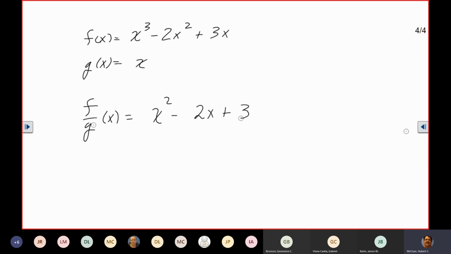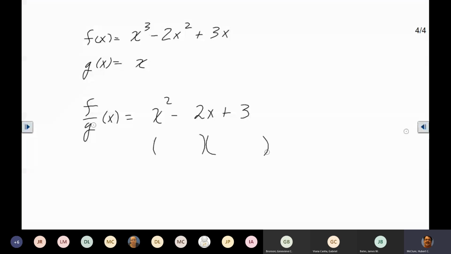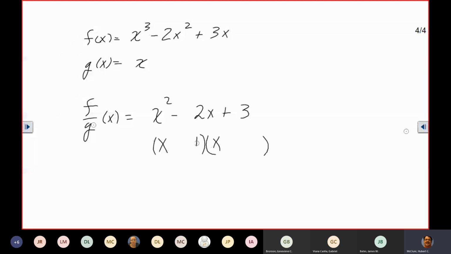And they just wanted you to divide it. I don't know if it may be factorable. Let's see. X, 1, 3. We want a negative, so no, it's not factorable because that's got to be positive, so it couldn't factor.